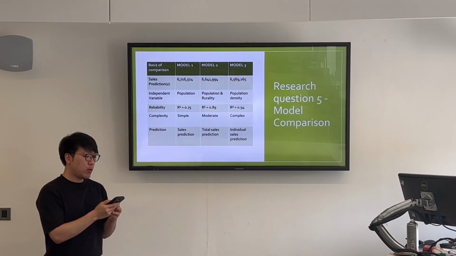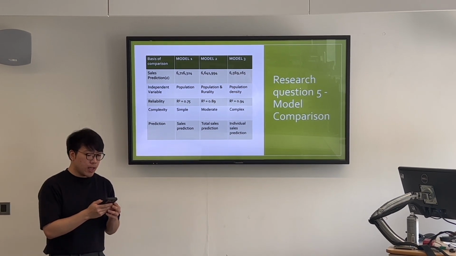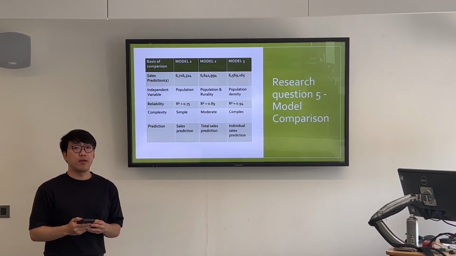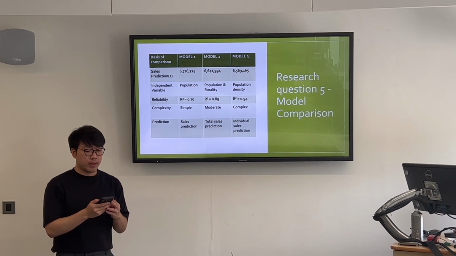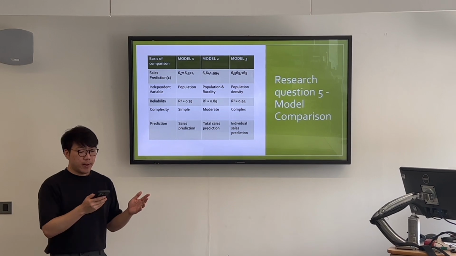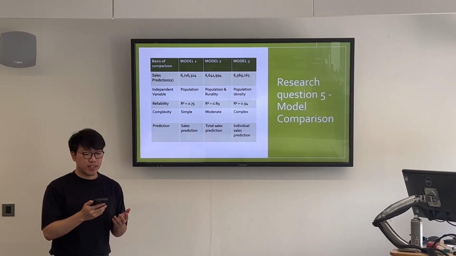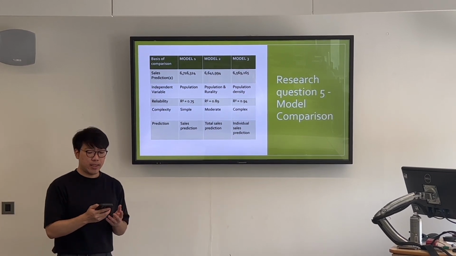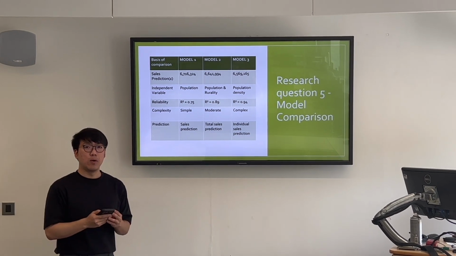Lastly, the most important aspect is the suggested application of each model. Since Model 2 is more accurate version of Model 1, the Model 2 is recommended over the Model 1. And as for the Model 2 and 3, for the Model 2, it is recommended for total sales prediction of all the districts combined, since the difference in the total sales prediction of each model is relatively low.